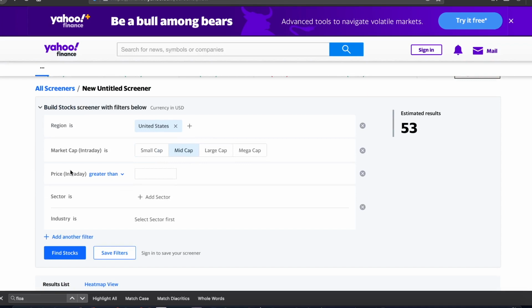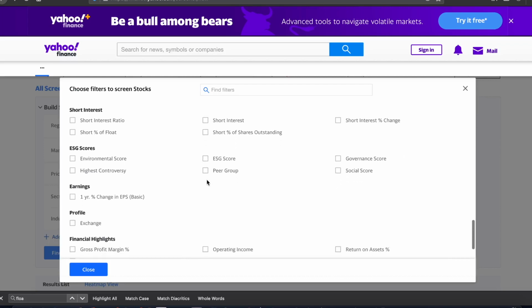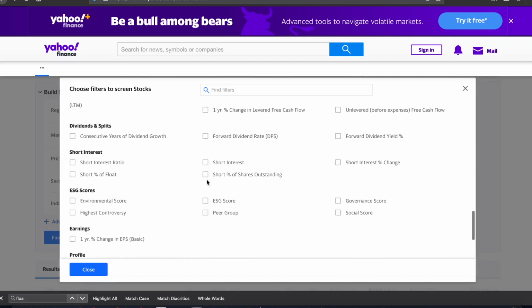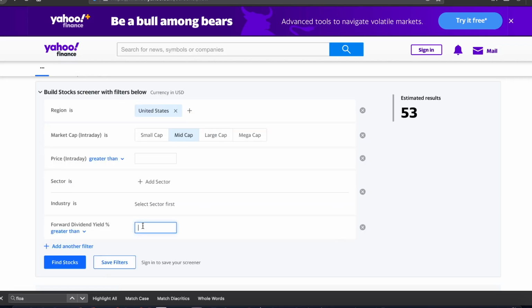Okay, so let's look for US mid caps with a dividend yield of at least 5%. Let's see what we got.